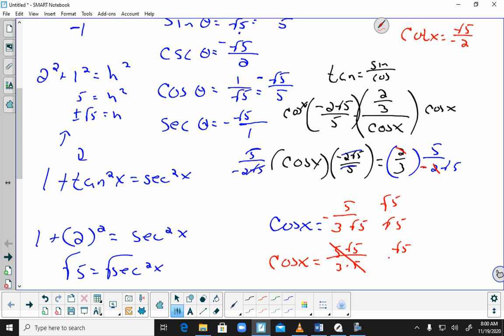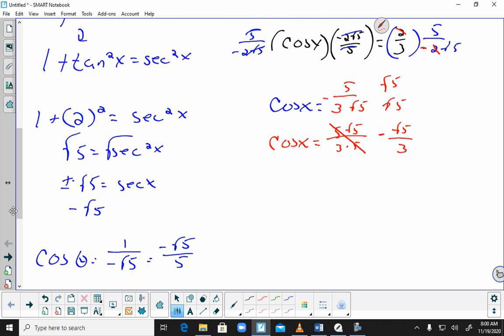So the square root of 5 over 3, and that's going to be negative. And then the secant is the reciprocal of cosine, which will be 3 over the square root of 5, which is negative. So it's negative 3 square roots of 5 over 5 would be my final answer.